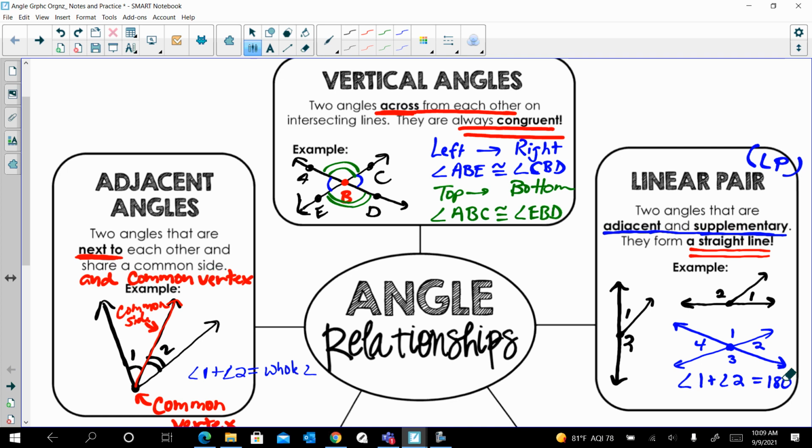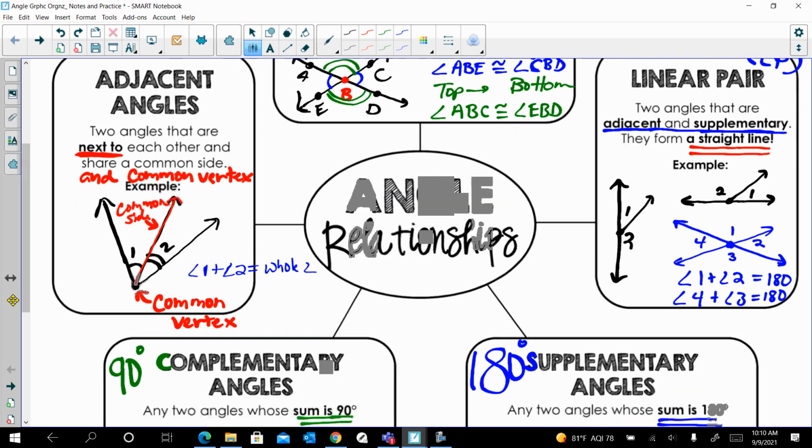Anyone see another pair? 4 and 3. Yes. Angle 4 plus angle 3 equals 180. Let's do one more that's not like the 2 that we have listed. 4 and 1. So I can say angle 4 plus angle 1 equals 180. So there is more than one combination at times.